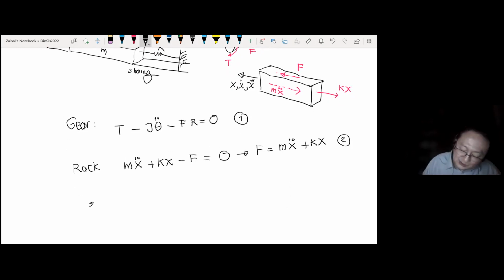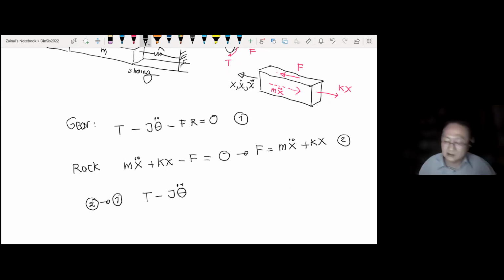Now, if you substitute equation 2 into equation 1, then you get T minus J theta double dot minus f, which is m x double dot plus kx, multiplied by r is equal to 0.